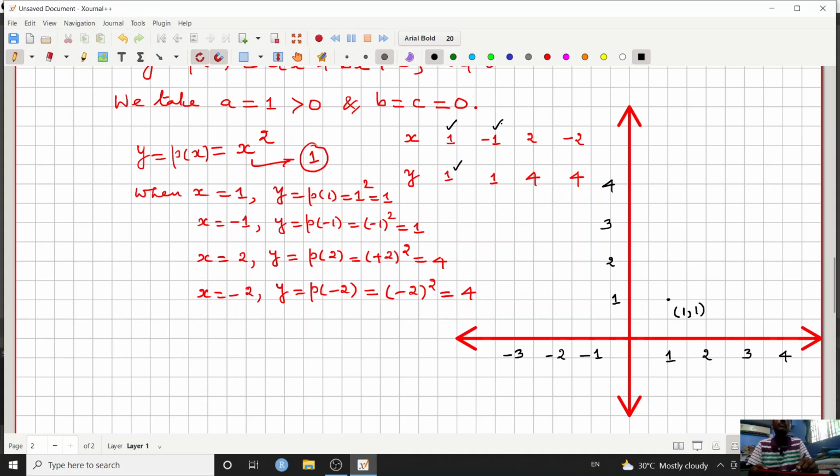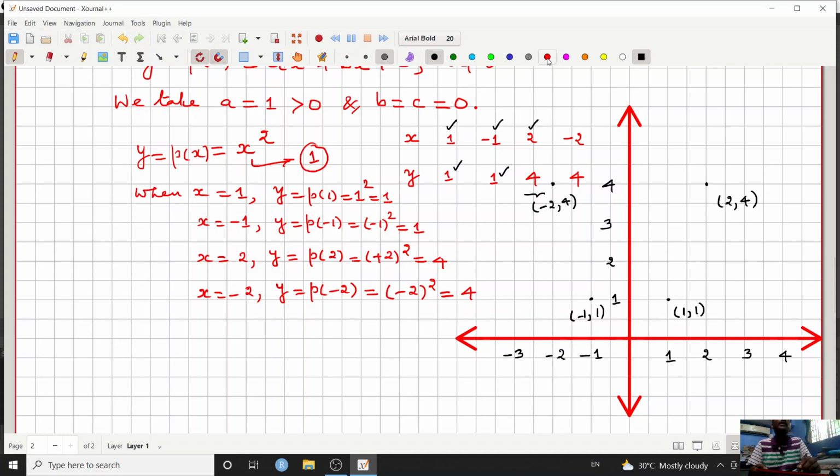And when x is equal to minus 1, y is plus 1. So this is minus 1, 1. And when x is equal to 2, the corresponding value of y is 4. So this is 2, 4. Likewise, when x is equal to minus 2, the point comes here. So this is minus 2, 4.